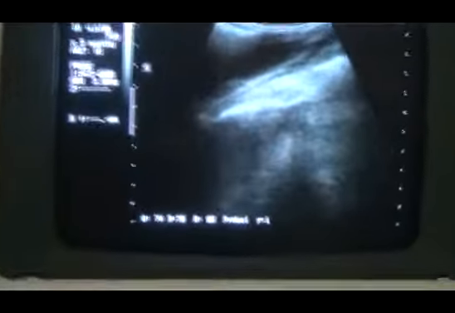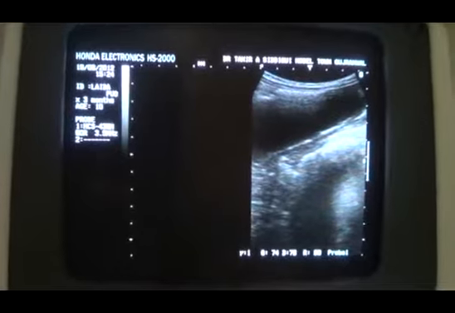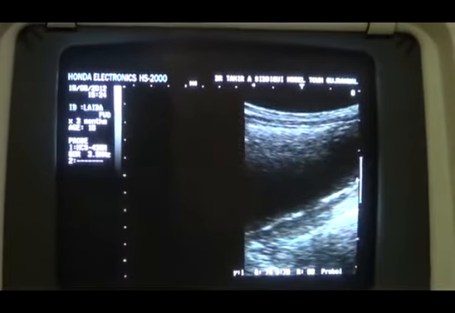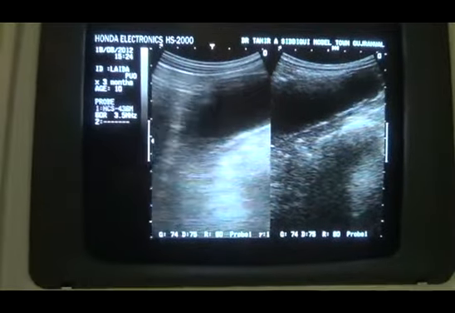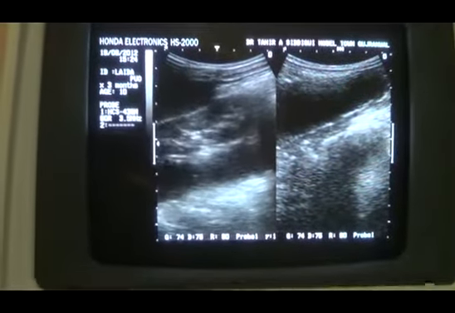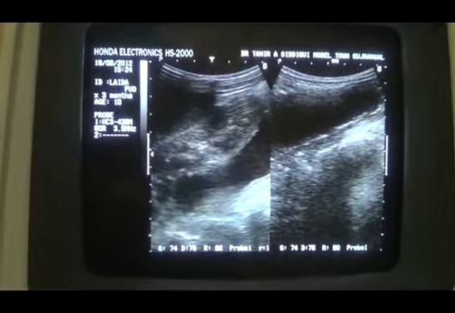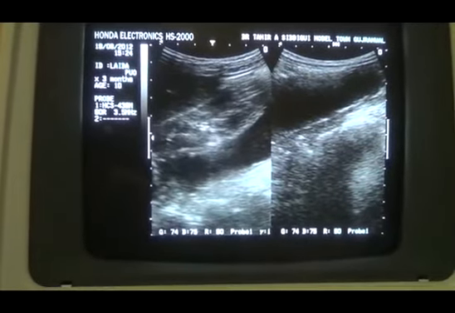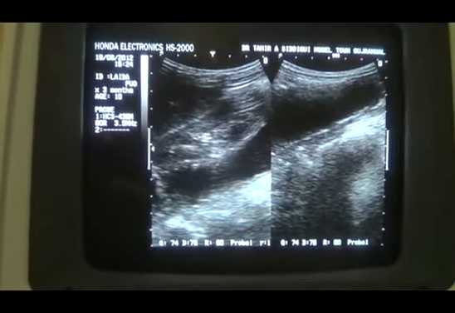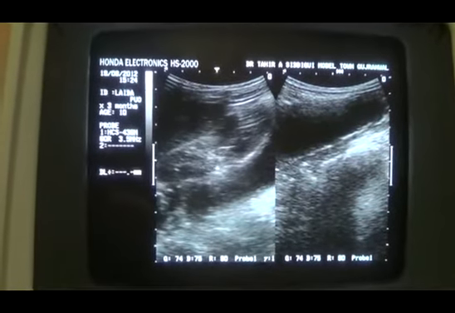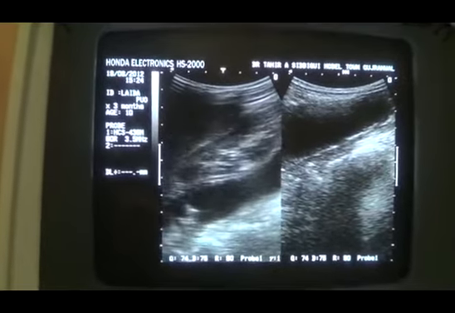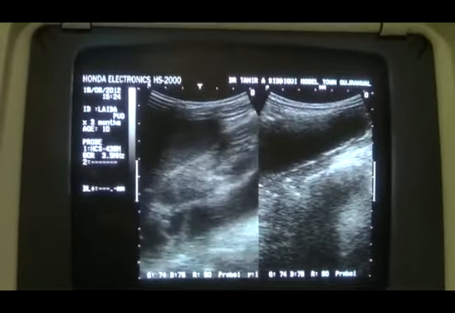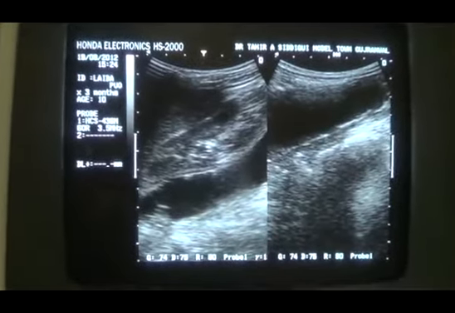Now I'm going upwards, magnifying, same, going upwards as I showed you, and you can see that the left kidney is gliding over. See the movement of the left kidney. This is the left kidney, and you can see it gliding over this cystic area.